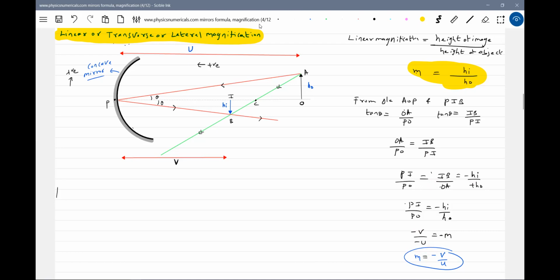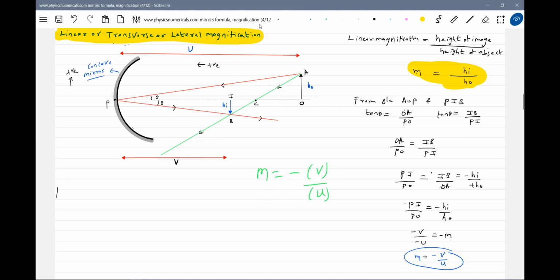Fine. So what is the expression for magnification? I'll write the final formula: m equal to minus v by u. This will help us a lot. What do you mean by the negative sign? If you get the magnification negative, then the image will be inverted. If the magnitude of m is greater than 1, the image is magnified.